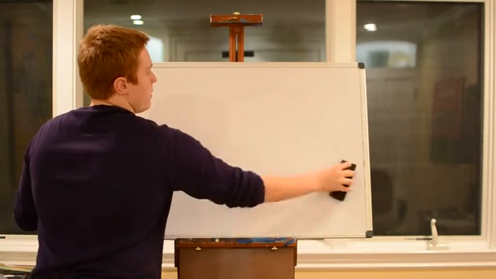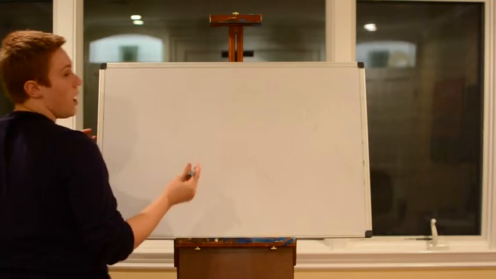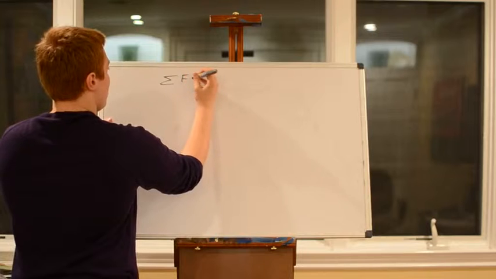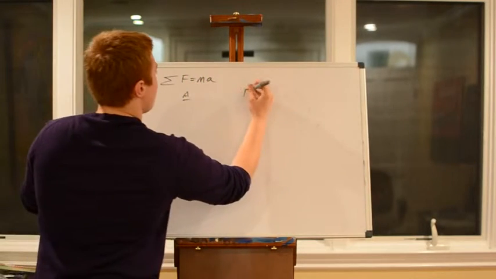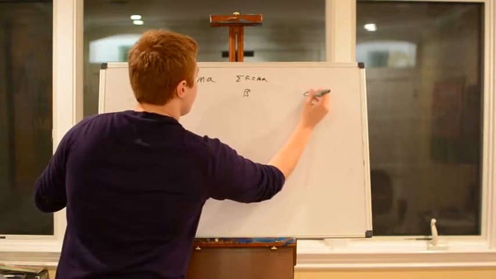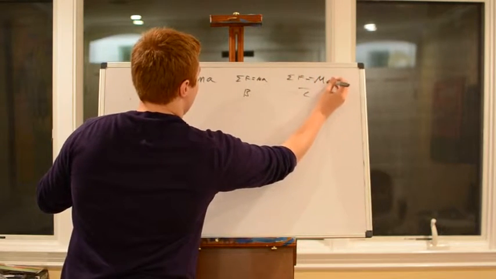Okay, so we want to write Newton's second law for each block. For block A, we're going to have the sum of the forces equals little ma. For block B, it'll do the same thing. And then for C, the sum of the forces equals capital MA.